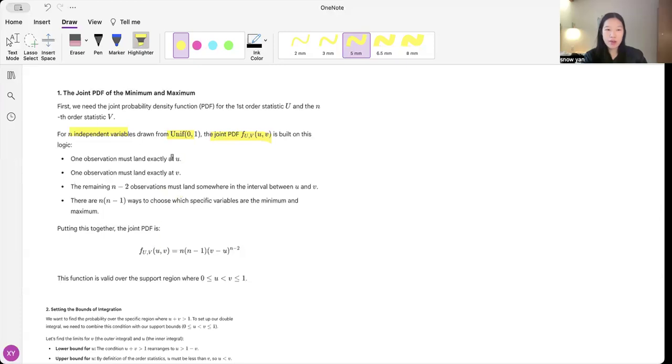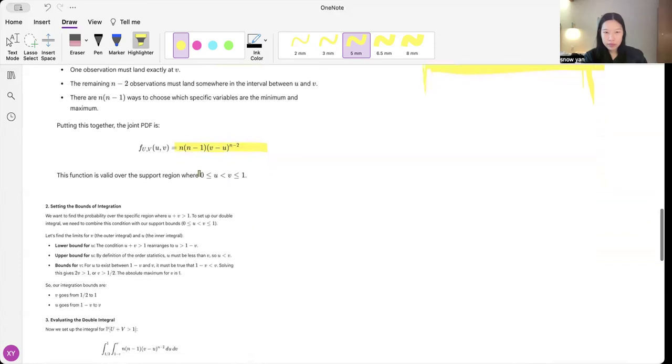One of them must land at the minimum, which we call U. Another must land at the maximum, which we call V, and everything else is in between. There are n ways to choose U and V because we have n independent variables, and the rest have to fall between, so we have V minus U to the power n minus 2. That's how we get the PDF. And obviously U and V have to fall between 0 and 1.